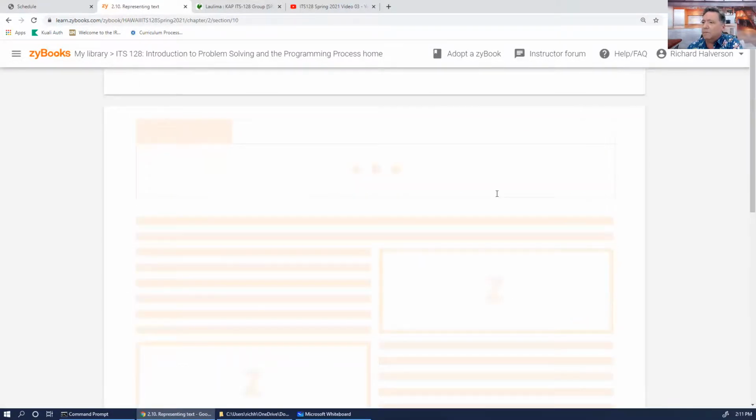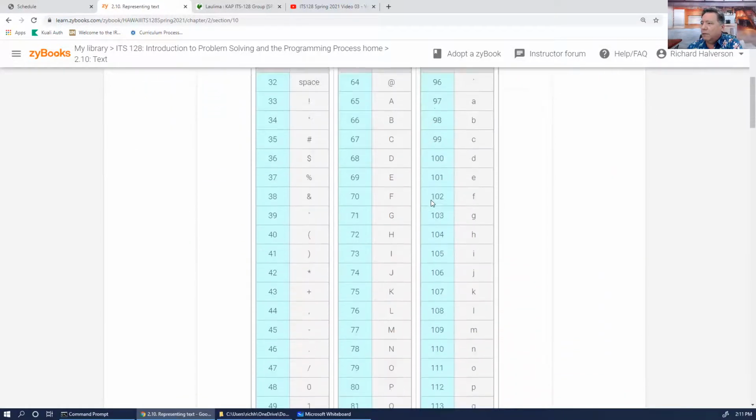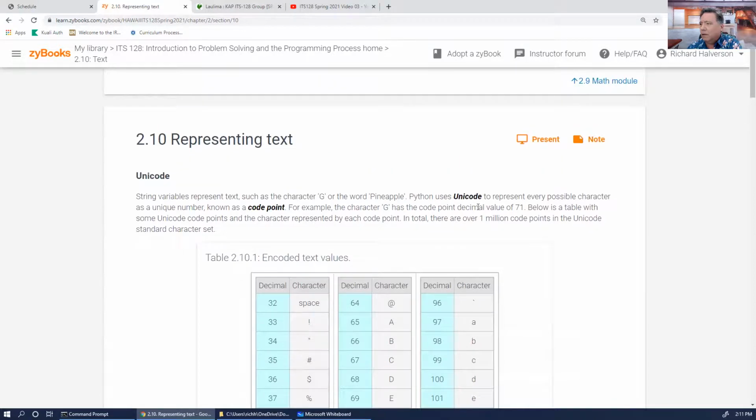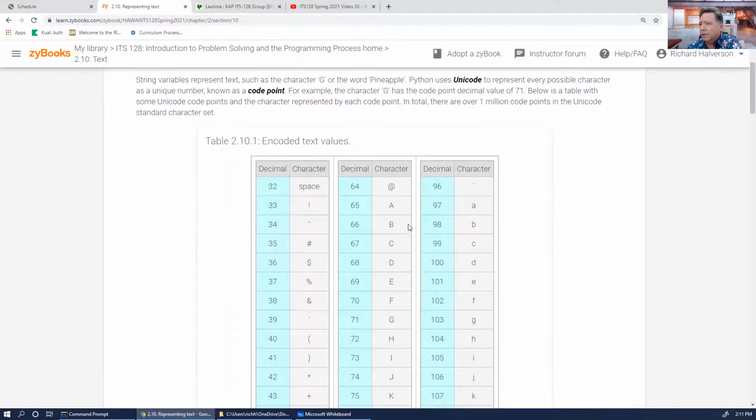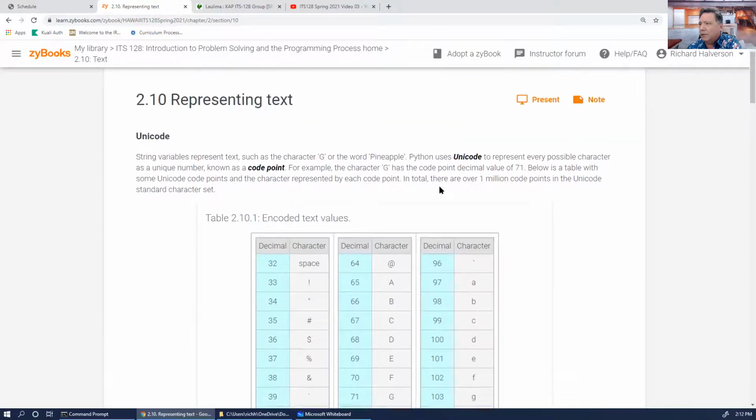All right, what's next? Okay, this talks about how letters and numbers and characters other than numbers are represented. And there's this thing called, well, it used to be called, okay, it's called Unicode.